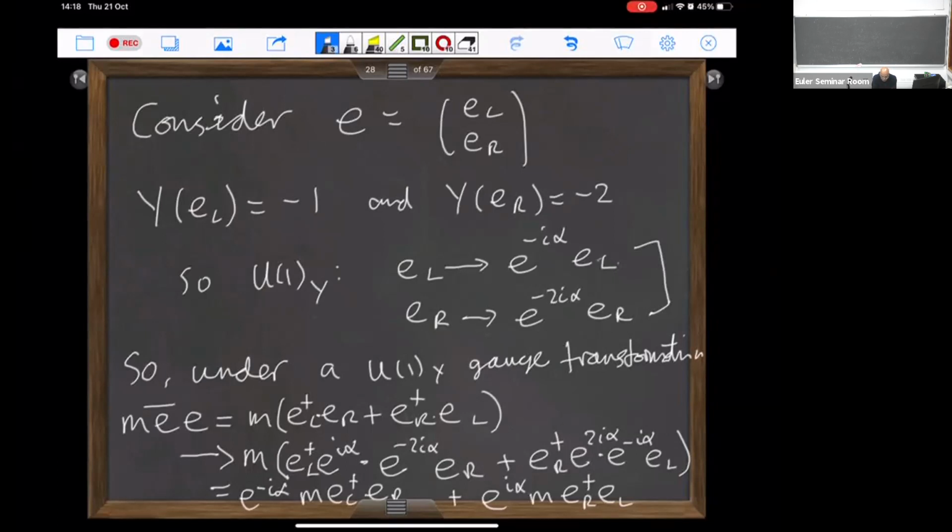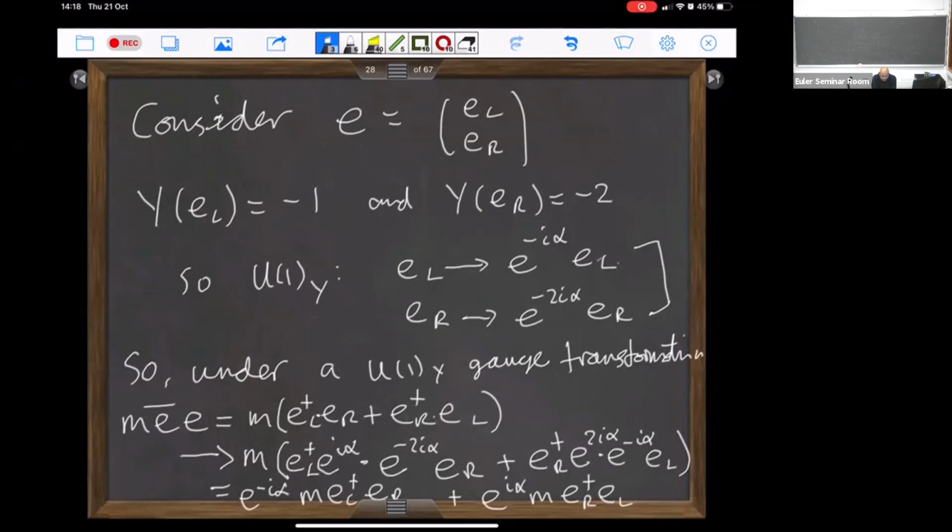So if we then just look at m e bar e, it's obvious that this is not gauge invariant, because E left dagger has charge +1, whereas E right has charge -2, and they can only be invariant if those two things add up to 0.